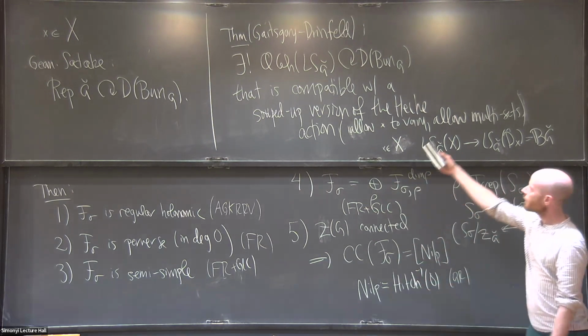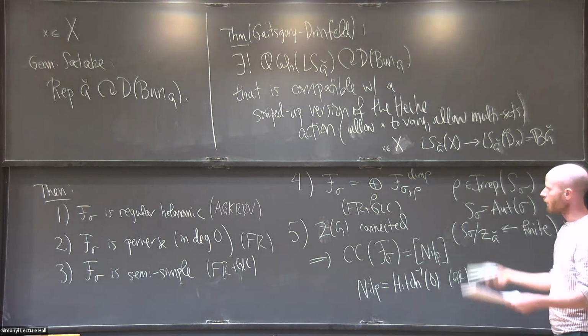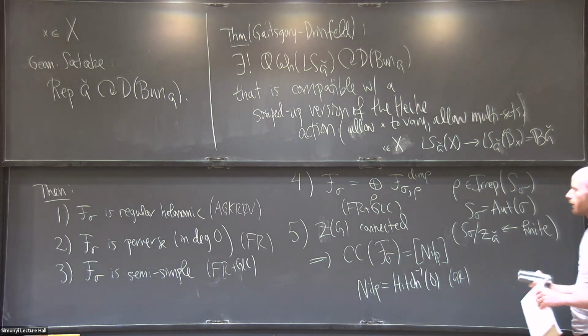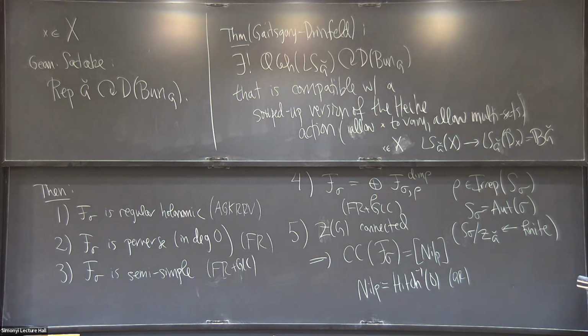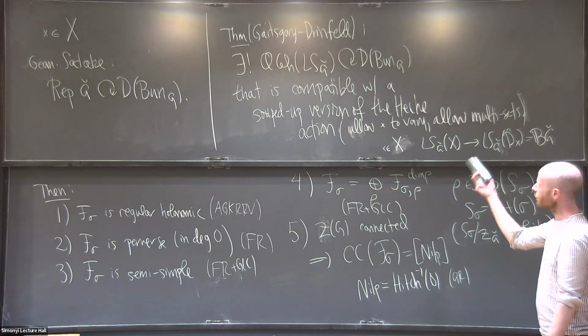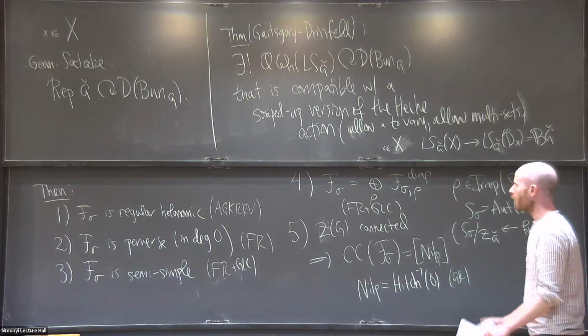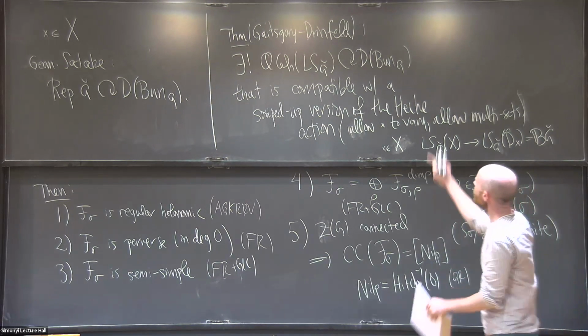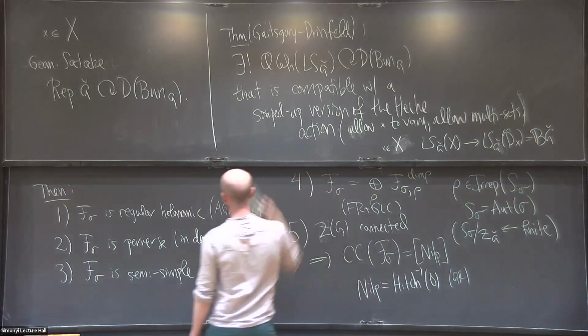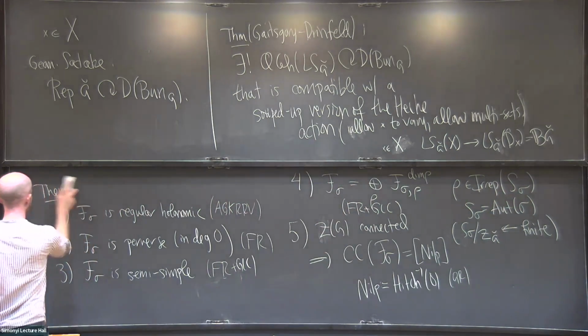So this is the statement of reciprocity in some sense in this world. It's saying that the Hecke eigenvalues of eigensheaves, for instance, the Hecke eigenvalues that you see in D of Bun G, actually have to do with local systems for the Langlands group.